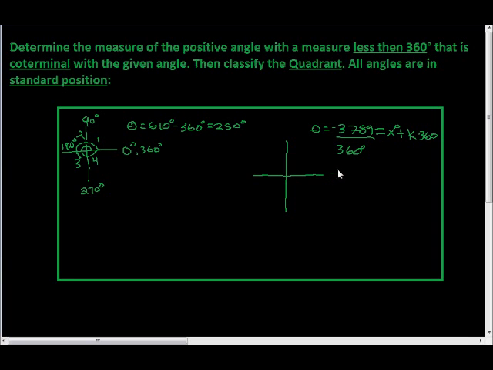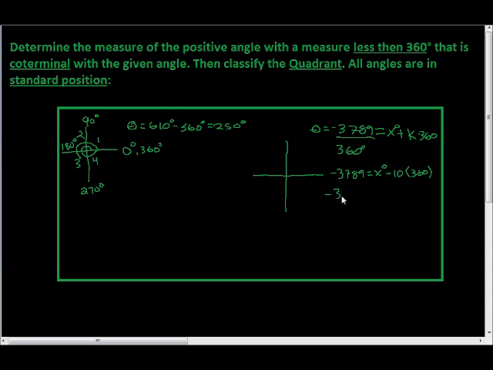So what I have here is negative 3789 equal to, I don't yet know what the coterminal is, that's what I'm solving for, but I do know that he's going in a negative direction 10 times, and then I can multiply that by the amount of rotations. So if I do the math here, then I know that this is negative 3,600.